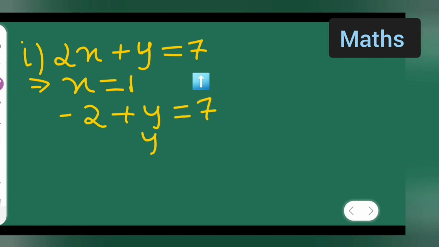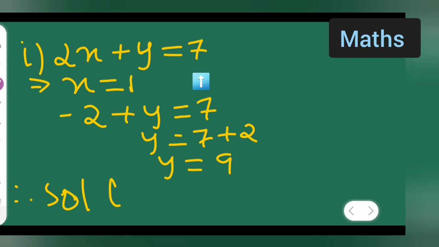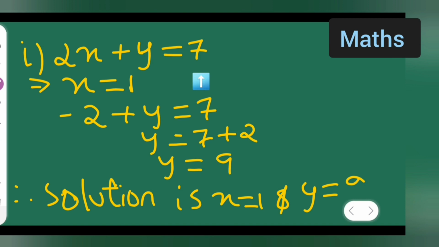So I will get y is equal to 7 plus 2, which will be nothing but y is equal to 9. Therefore solution is x is equal to minus 1 and y is equal to 9.